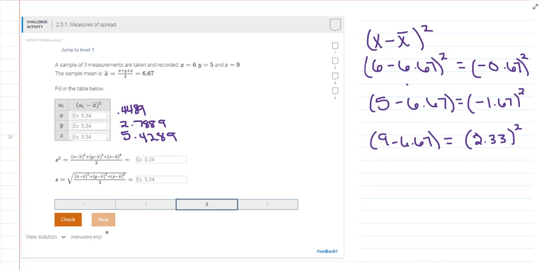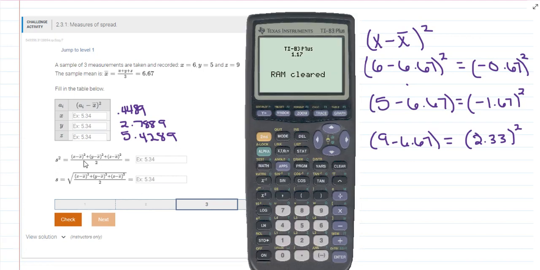So this next part here, we're going to take each of these values. So this X minus X bar squared, that's just what we did in this table. So I am going to go ahead and pull that calculator back up. And we have first X minus X bar squared, so that is 0.4489, plus we have our second value. We already squared it, so we don't need to square it again. We did all of that here. 2.7889 plus 5.4289.